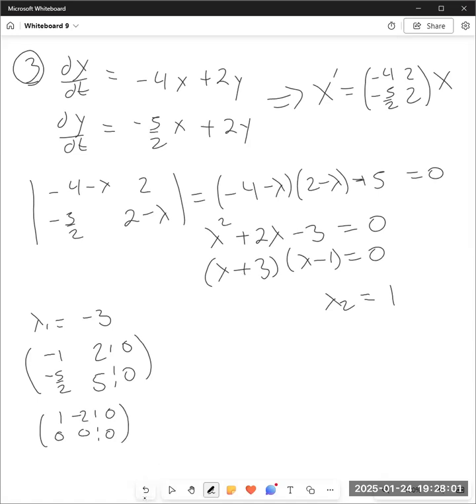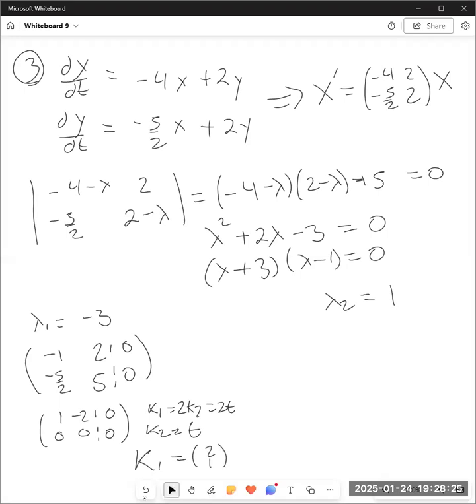So that tells me that K1 is equal to 2K2, which I'll call 2T. K2 is equal to T. So that gives me capital K1 of 2, 1.